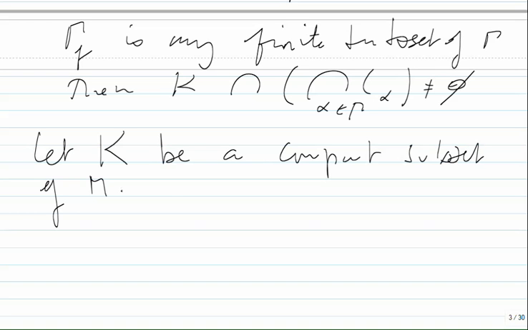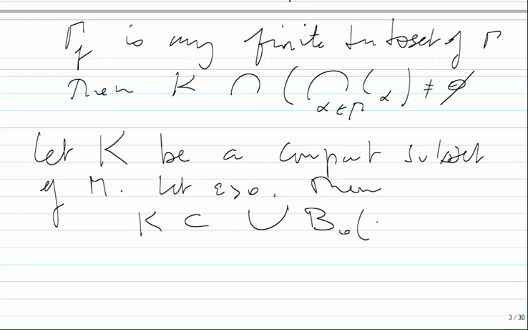Okay, so let epsilon be positive. Obviously we have then K is a subset of the union of all the open balls B(x, epsilon) where x belongs to K. This is true.